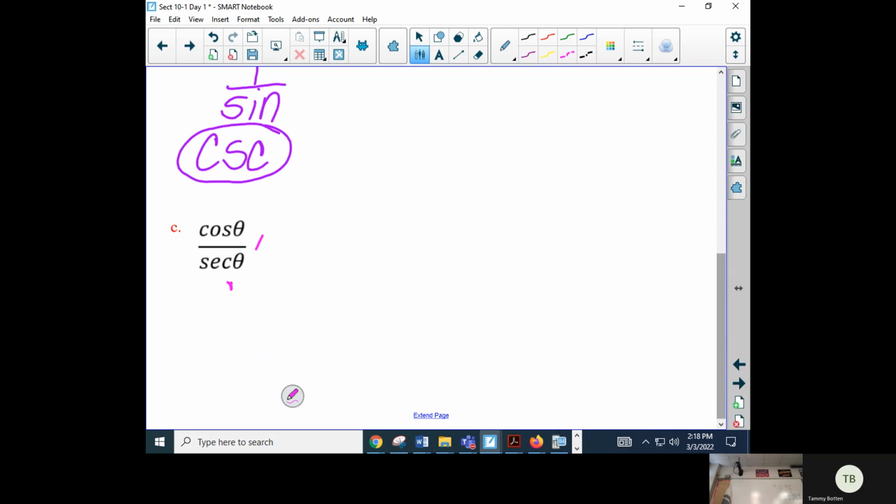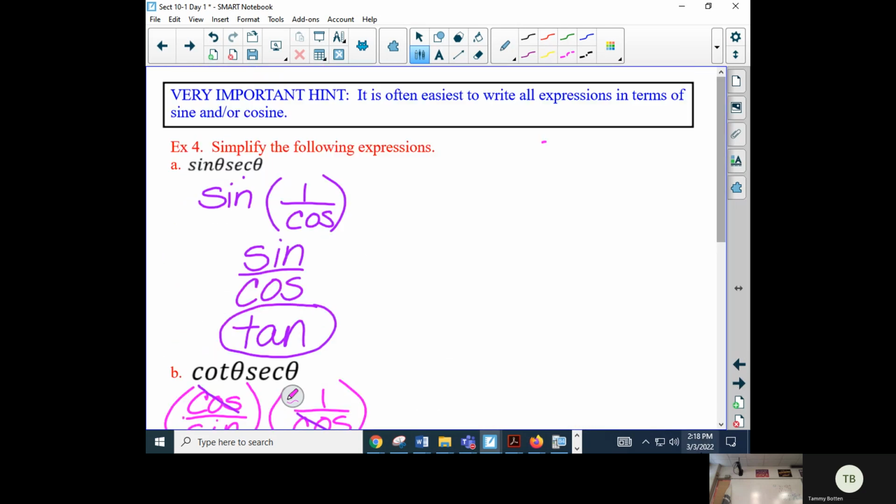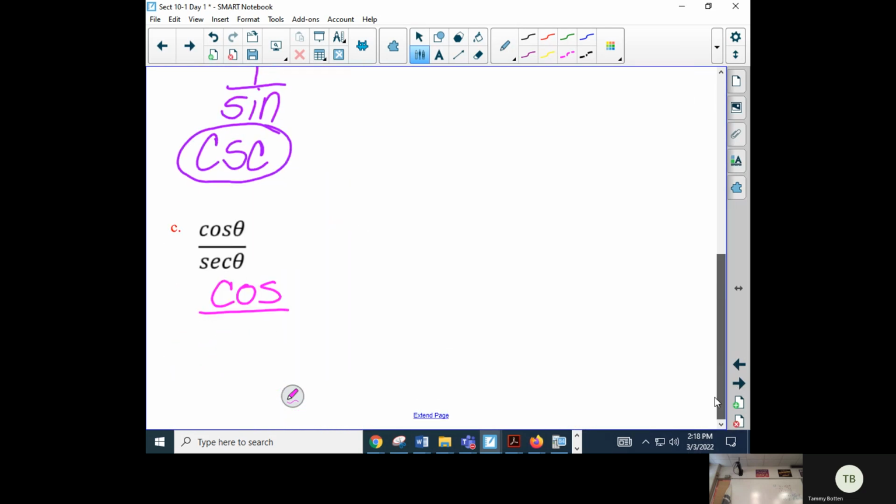This is cosine. How do I write secant in terms of sine or cosine? Yep, it's 1 over cosine again. So if I go back here, it's 1 over cosine. Okay?